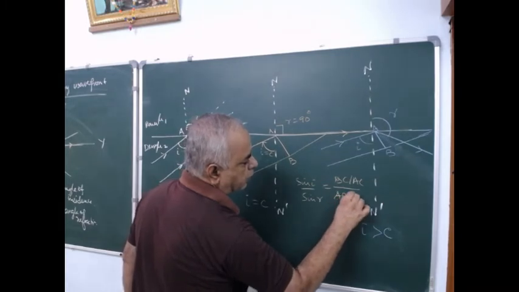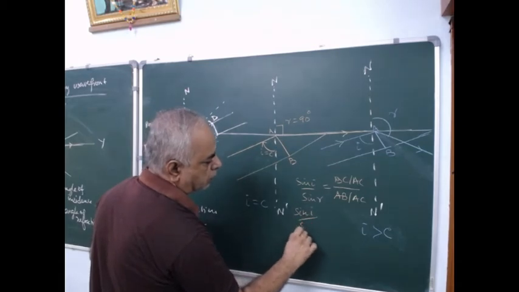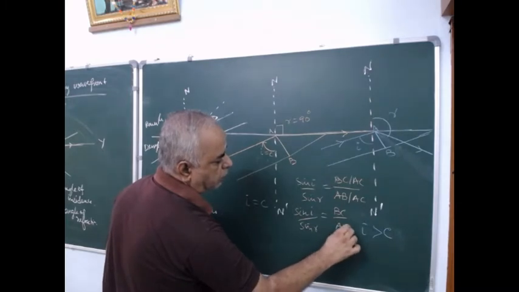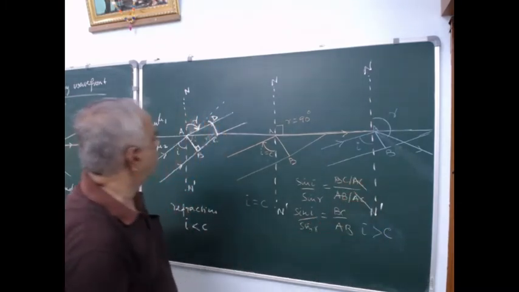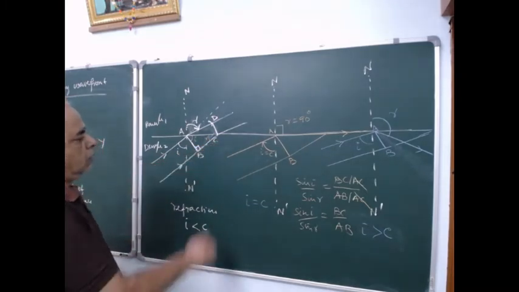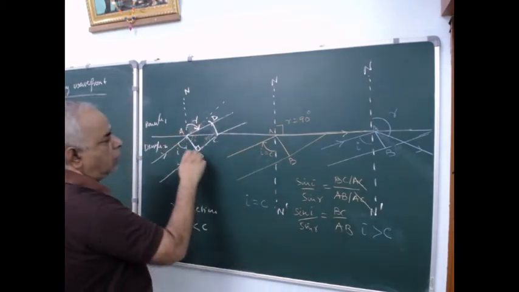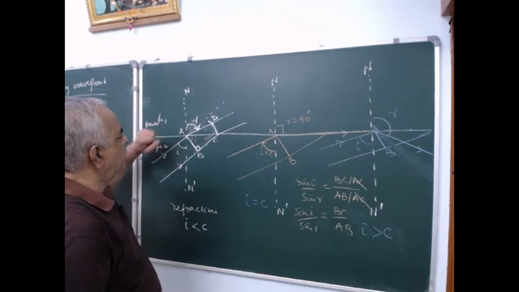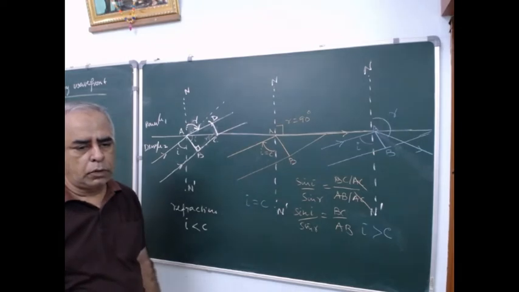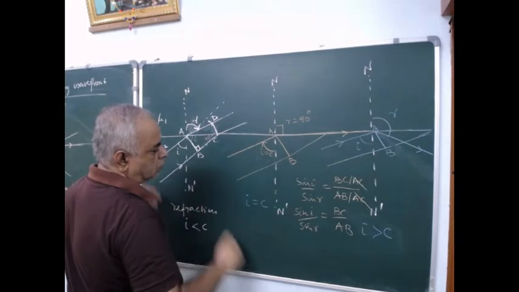Therefore, sin I by sin R is equal to BC by AB, and AC can be cancelled. So what is BC? BC is the displacement of the incident wavefront. And what about AB? That is this one. This is BC and this is AB. Okay. So, and here, remember this BC.